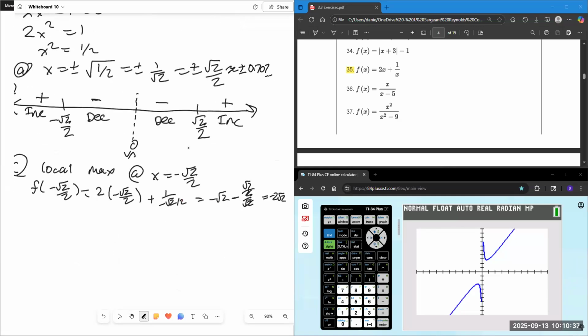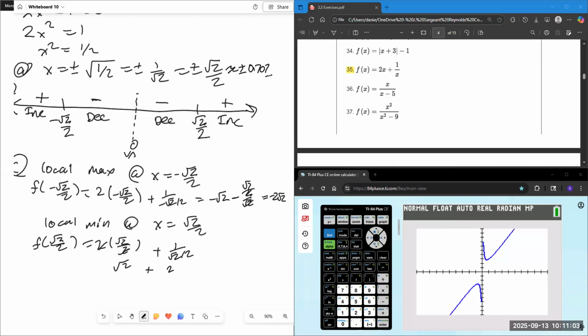We have a local min at x is equal to root 2 over 2. So f of root 2 over 2 similarly is 2 times root 2 over 2 will be root 2 plus 1 over root 2 over 2, which is 2 over root 2, which becomes root 2.